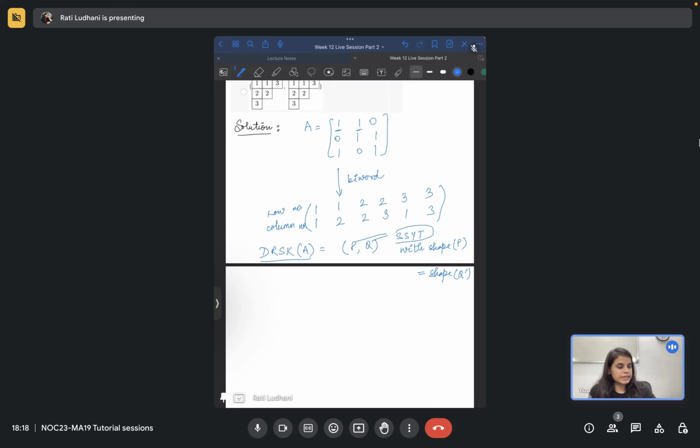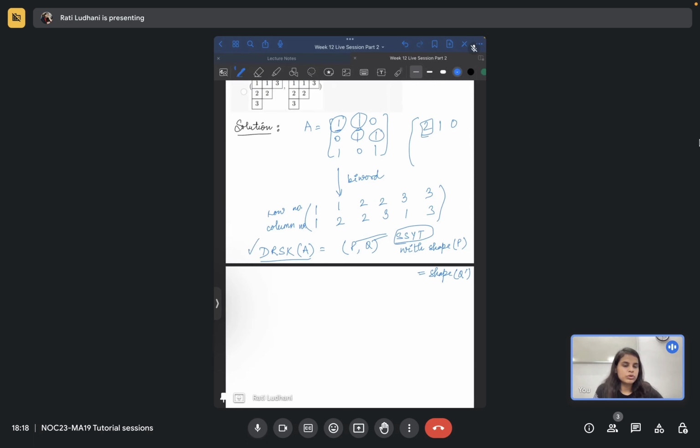This is SSYT because A has entries only 0 and 1, there is no entry which is bigger than 1. You can try with a bigger number, for example 2, 1, 0, and try to find the dual RSK.